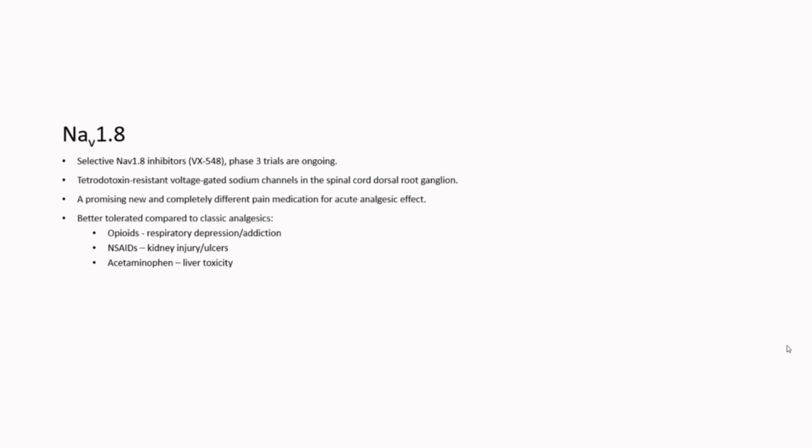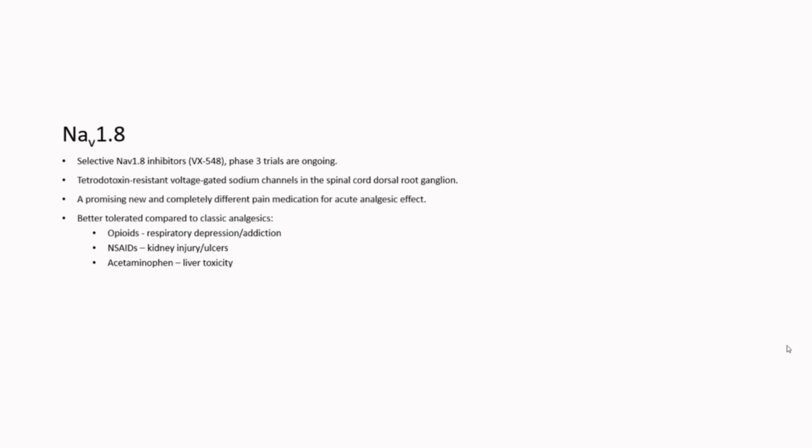When we reach our RMP, that's when these gated channels close and they won't allow any more efflux of potassium, but they take a little bit of time. They are very slow in closing. That's why we can get our overshoot or this hyperpolarization.